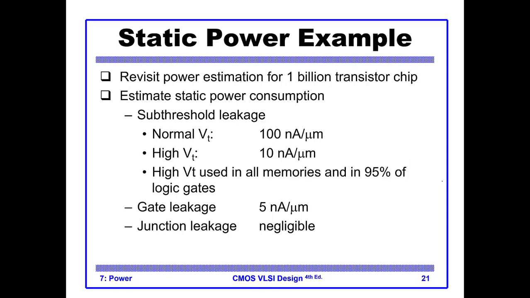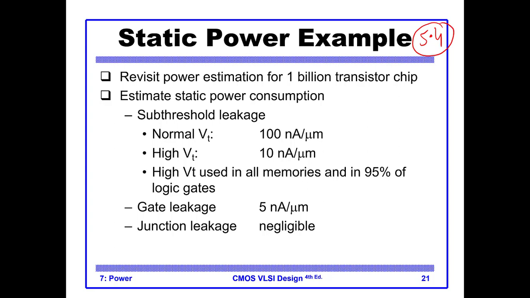Okay, so let's go through an example to calculate the static power consumption. This is the same example as before, for which we calculated the dynamic power consumption, but this time we will calculate static power consumption. This is in fact example 5.4.